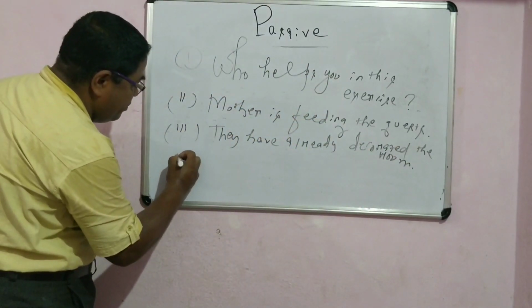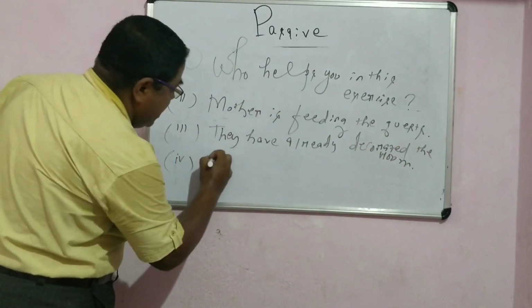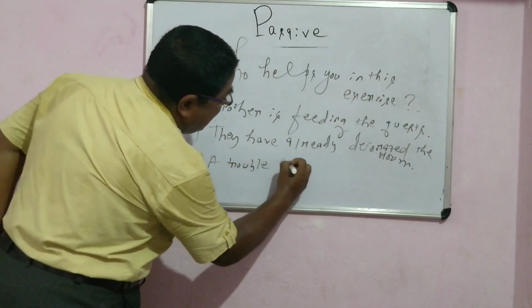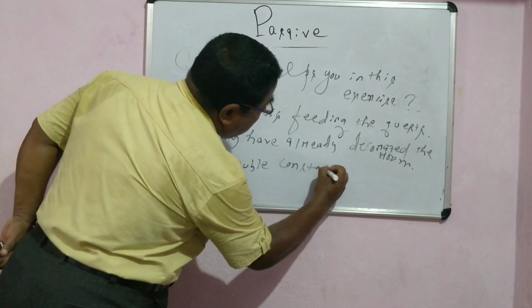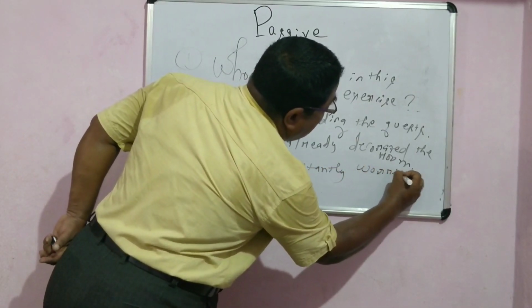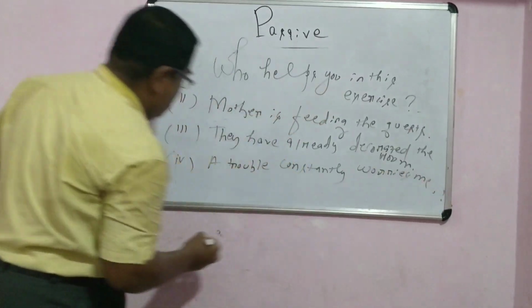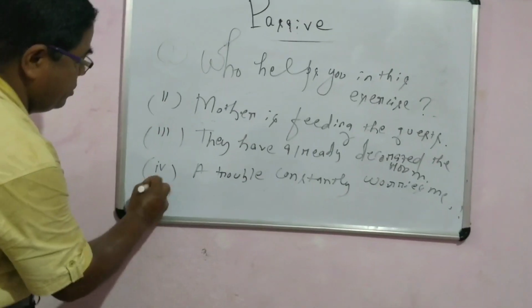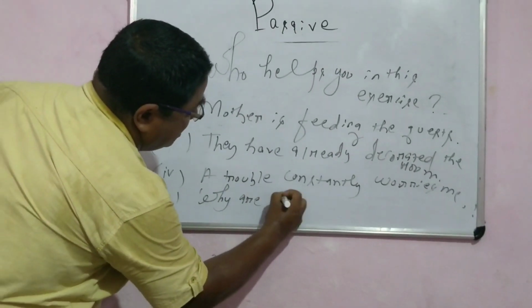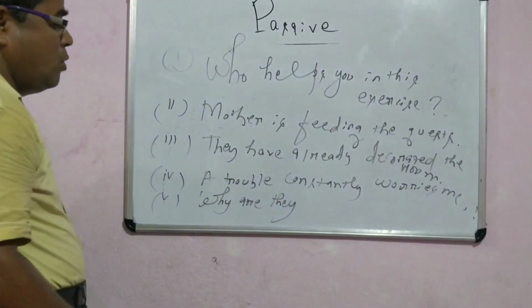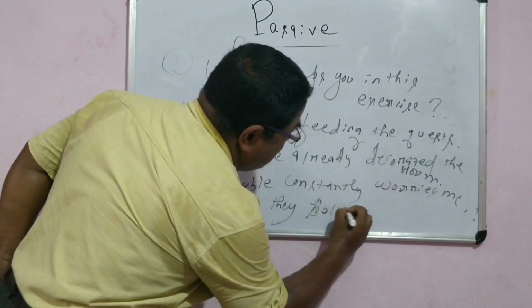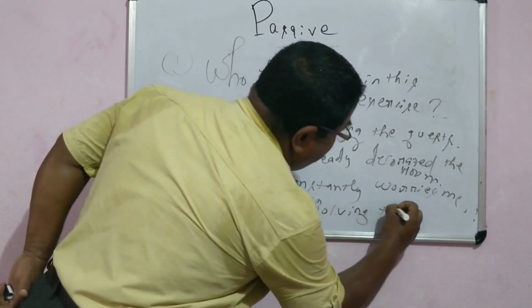Question number four: a trouble constantly worries me. Number five: why are they solving the problem?